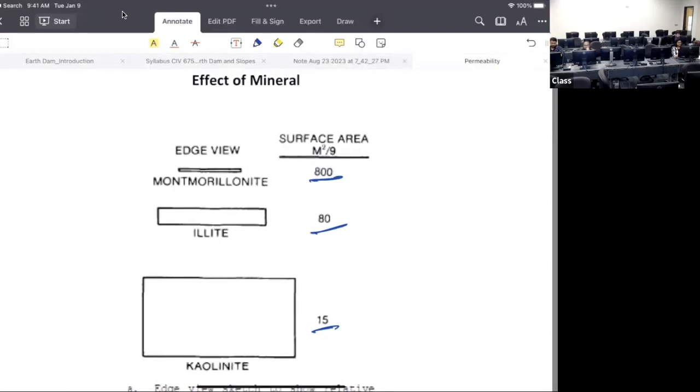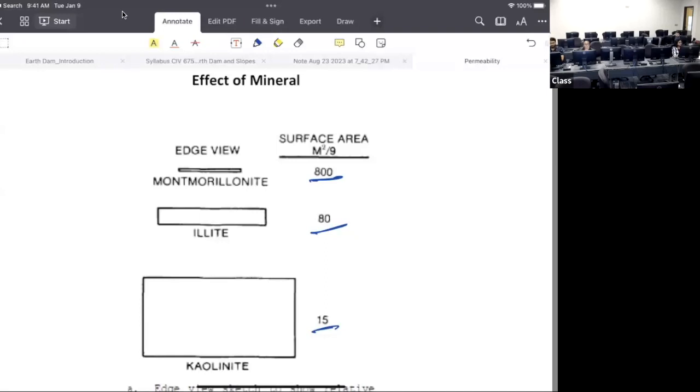Kaolinite is 15, illite is 80, and montmorillonite is 800. So you're going to cut down the high-charge surface area of the montmorillonite. To destabilize it, people try to use lime, and lime does some chemical reaction and creates some bond with it. That cuts down some expansiveness.